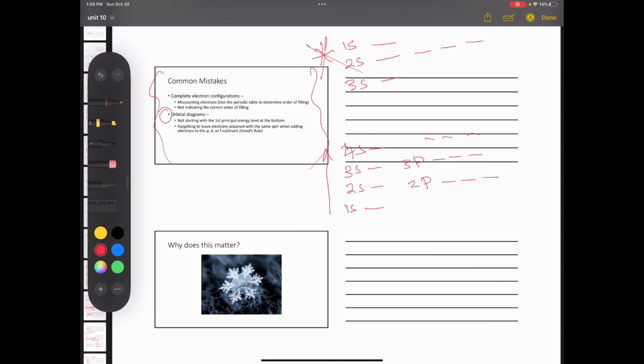Number two, when it comes to the orbital diagram, people forget to leave electrons unpaired with the same spin when adding electrons to the p, d, or f orbitals, following Hund's rule.